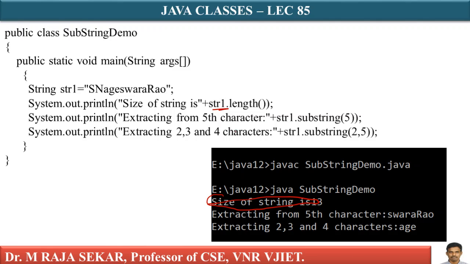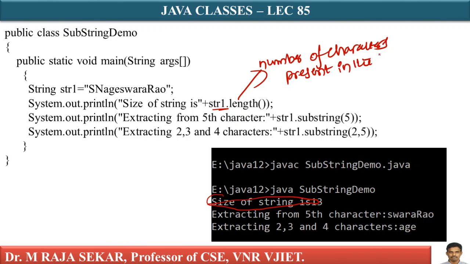We already discussed: this method returns the number of characters present in the string. In the string S Nageshwar Rao, there are 13 characters. That's why you are getting output 13.